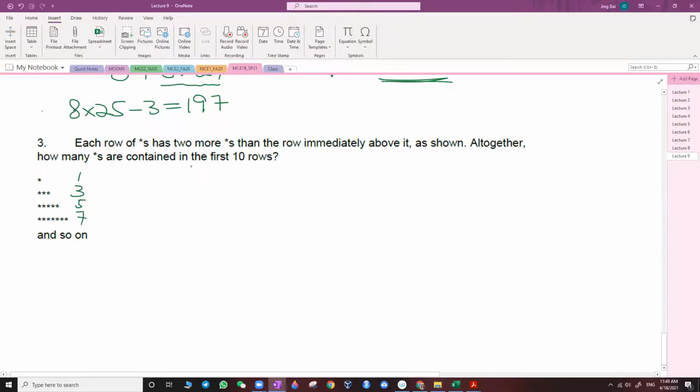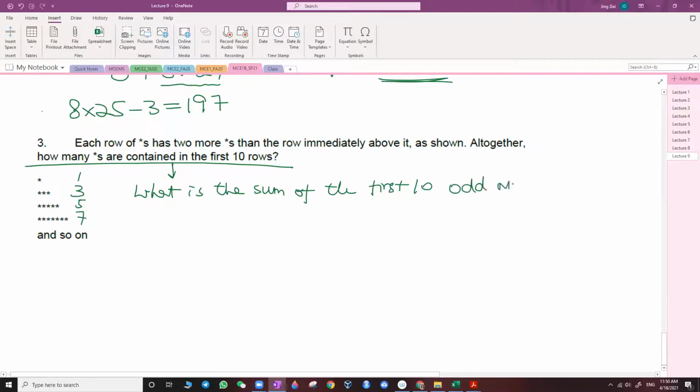So basically we are adding up the, remember that question? What is the sum of the first 10 odd numbers? We did this exact question in our homework.